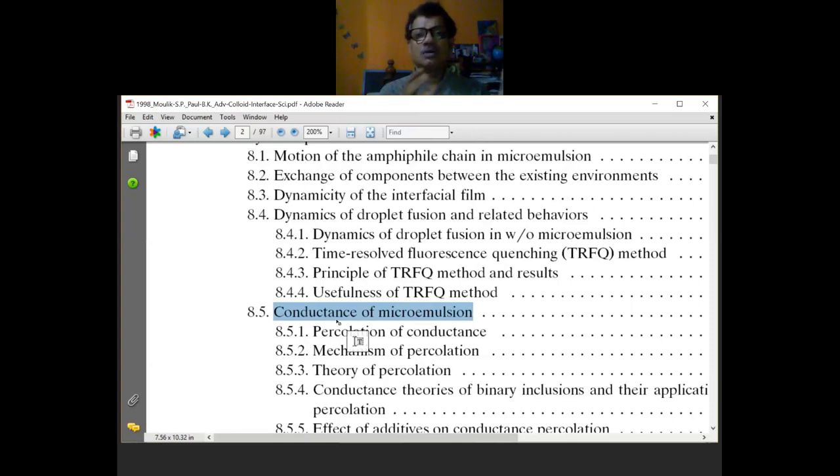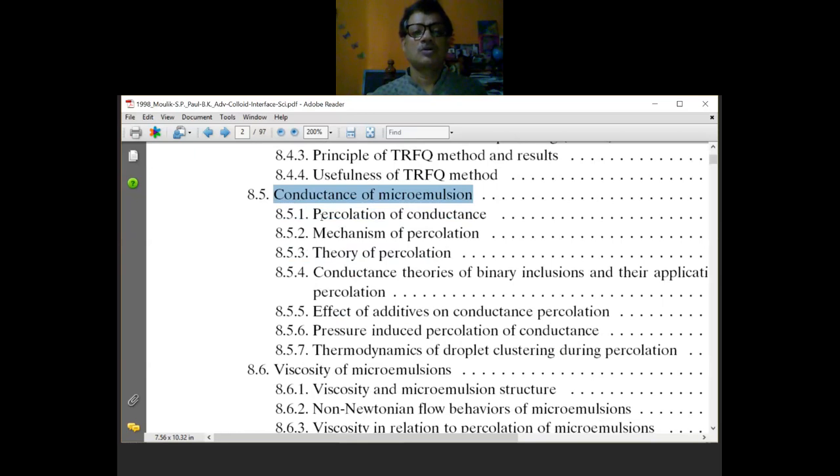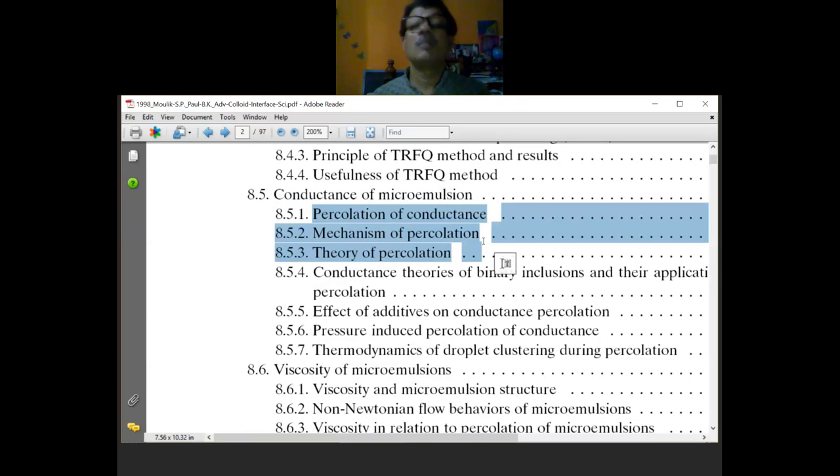Percolation means seeping through, just as when you pour water on a sand bed, it can percolate downwards. We have discussed the percolation of conductance and the mechanism of percolation. It is either through a hopping mechanism or a mechanism of fusion, mass transfer, and fission.